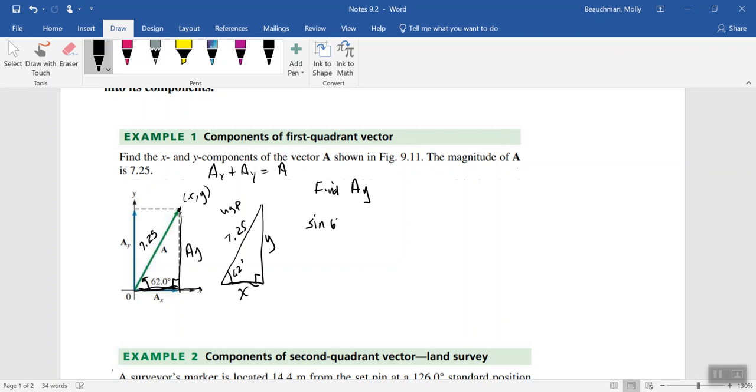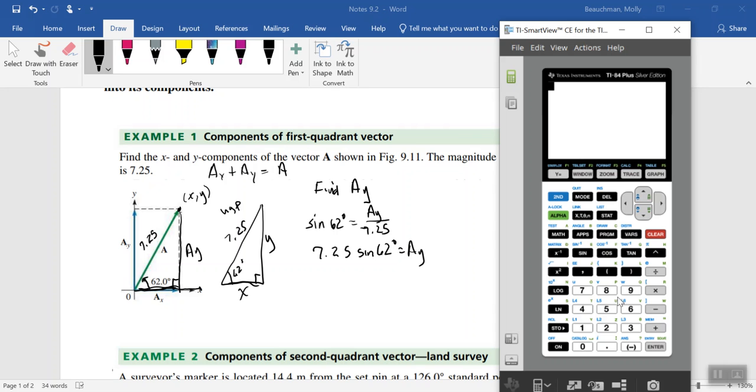So the sine of 62 degrees is going to equal the opposite, which is y, over the hypotenuse, 7.25. So to find the side length y, or the vector y magnitude, we multiply both sides by 7.25. And that will give us our vector a sub y.